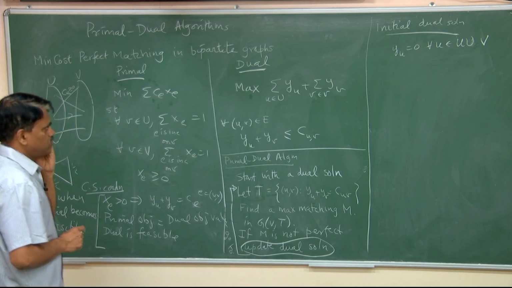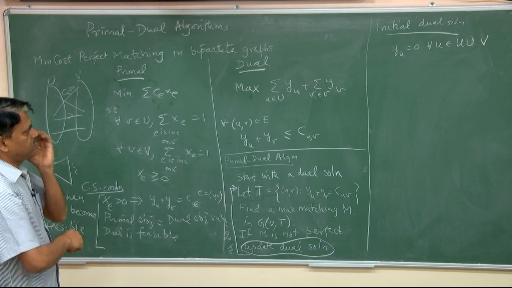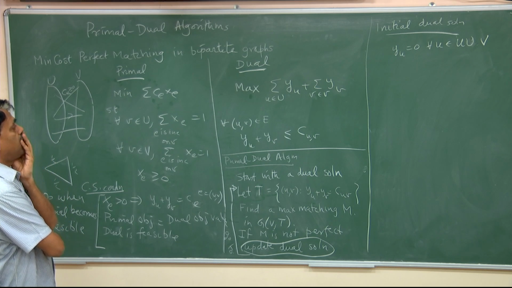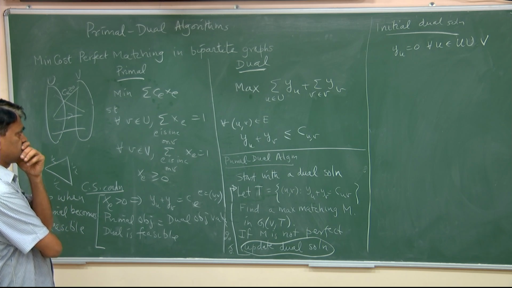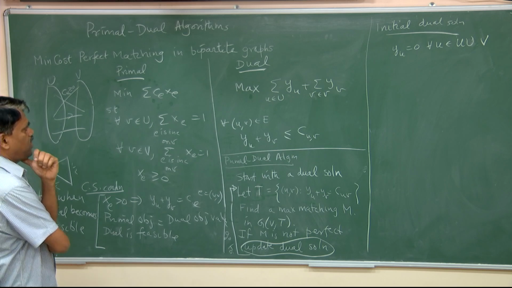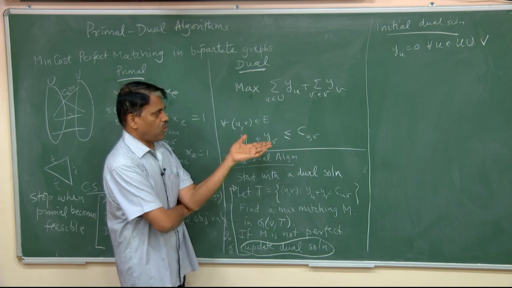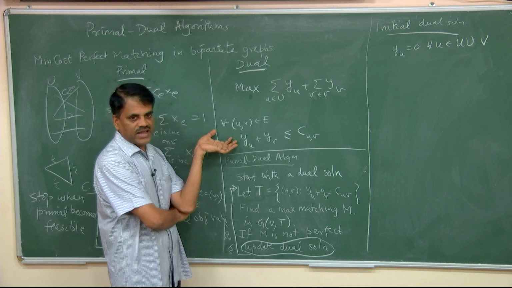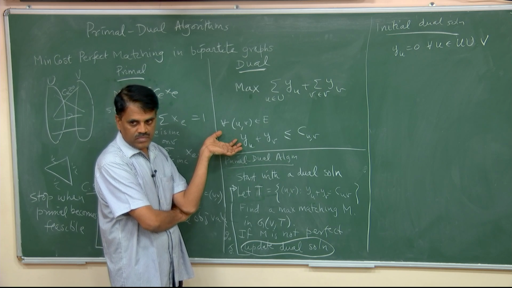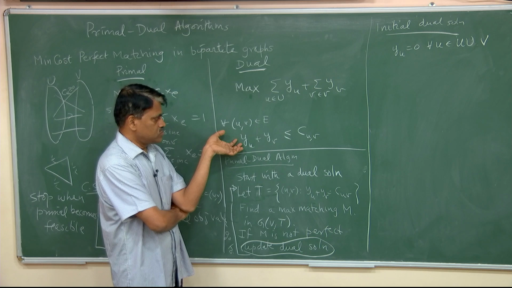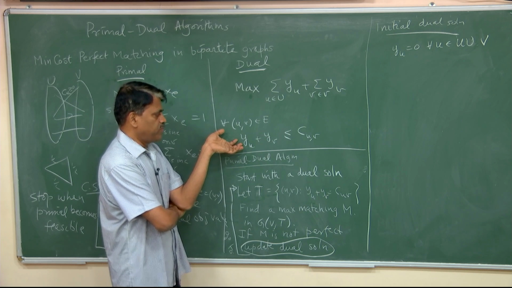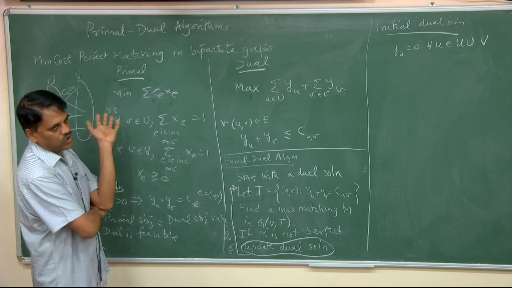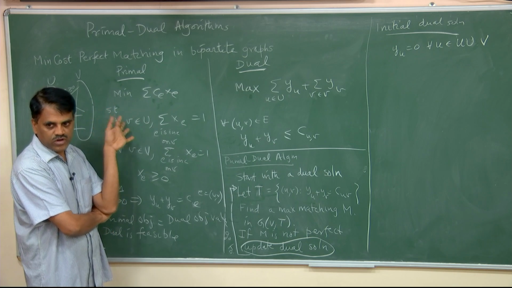Okay, so what do we do? So I'm going to start with everything is 0, and okay, at this point, unless you have a cost 0, no constraint is tight, right? Which means there is no perfect match. There is no matching at all, because the edge set T is empty for you here.